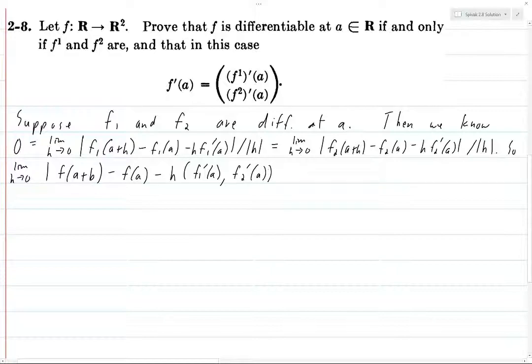So let's see here. We need to take the transpose just because of how it's defined. We're dividing by the norm of h. I'm going to have to continue this on the next line. So this is the limit as h goes to 0.